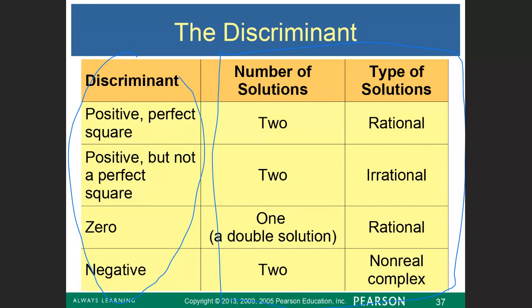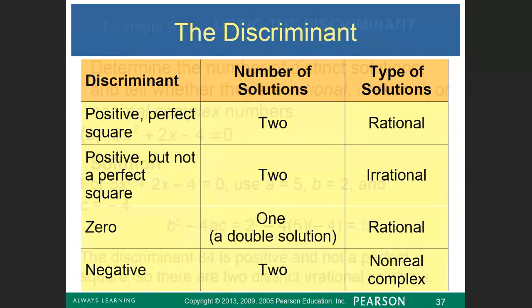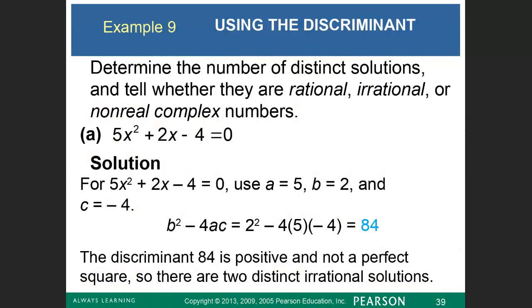If you look at our example, you're just plugging in and then making a statement. As you can see, we're just plugging in the values using the formula. This is our A here, our B, our C. After doing that, we got 84.